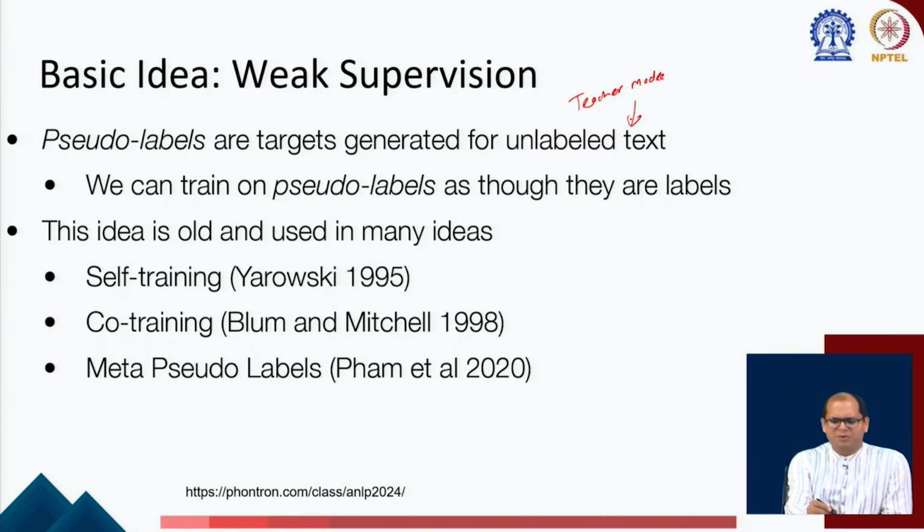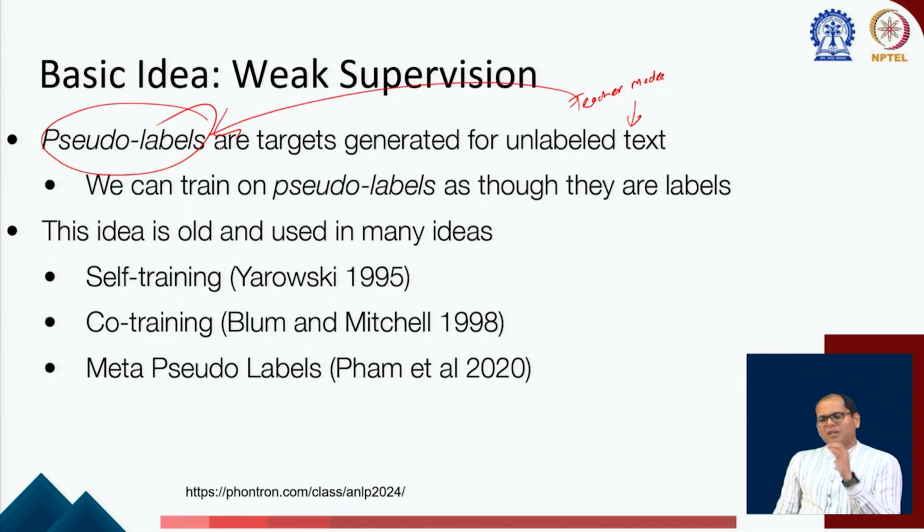These are called pseudo labels because they are not ground truth, but they are coming from the teacher model, right? And now from these pseudo labels, you train some student model, right? So you assume that pseudo labels are the actual labels, and you train on the pseudo labels. Many different ideas adapt this particular concept.